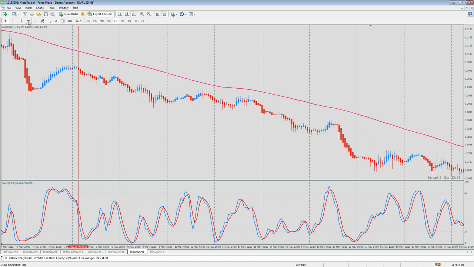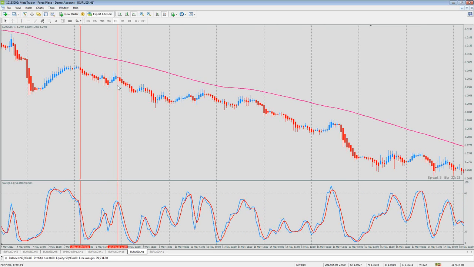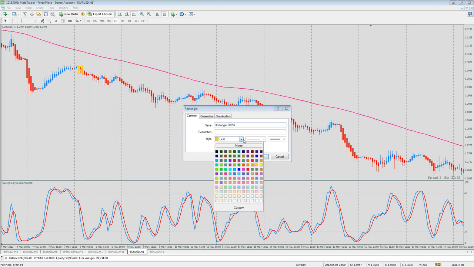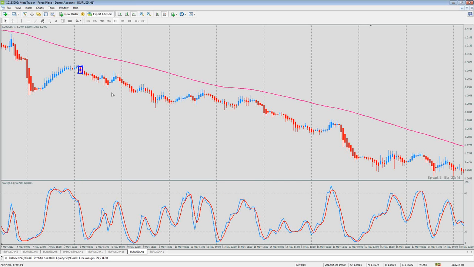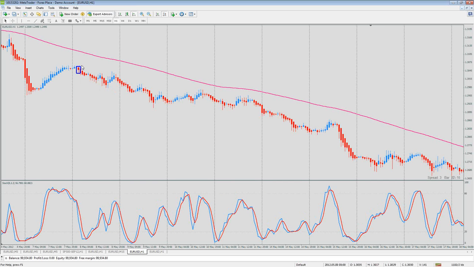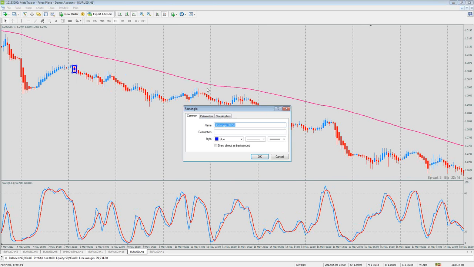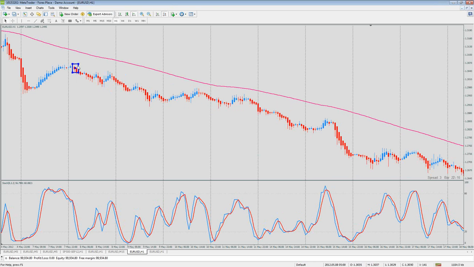Here that's a nice short signal, okay, with this Heikin-Ashi, this dodgy Heikin-Ashi. I would just maybe mark them like this. So that's a nice signal here. And this is a great candle to enter.